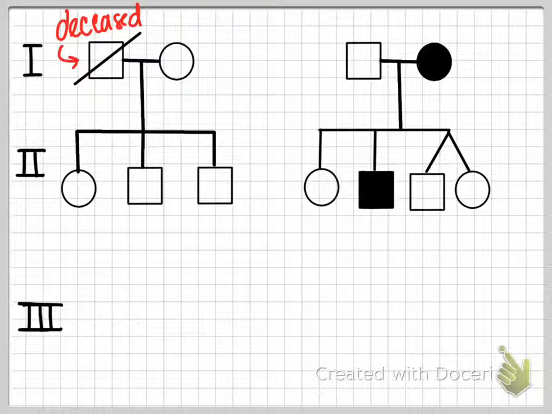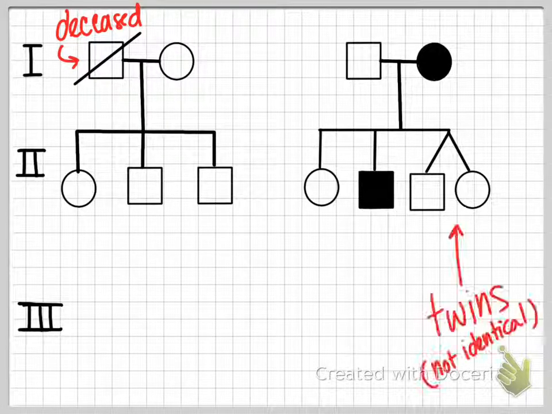On the other side, they had 4 children, and their oldest was also a girl. Then they had a boy. He was affected by whatever this condition is. Then, well, that's kind of unusual. What does that mean? That doesn't look like everything else. Those are twins. They're not identical. As you can see, their 2 lines come down from the family line independently. I'll show you what identical twins look like a little bit later.